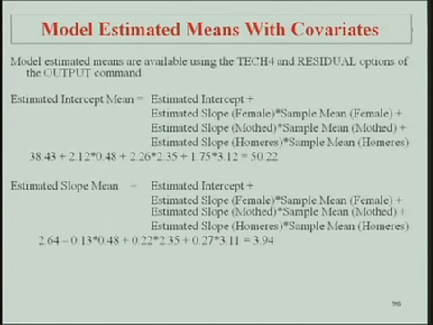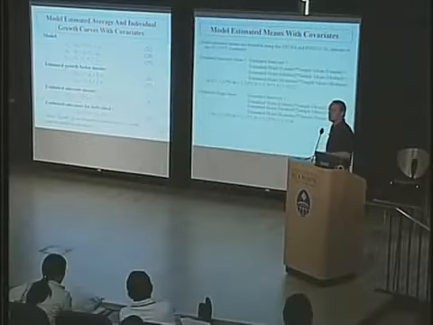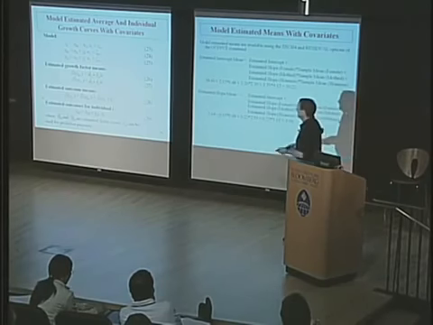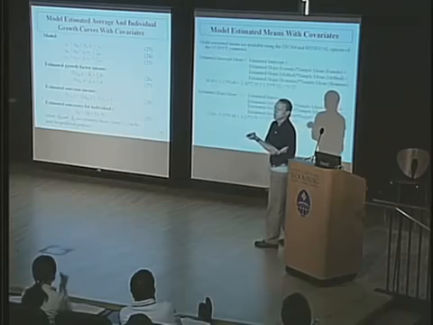So you could read it out of Tech 4 as well. If you don't want to compute this, get it from Tech 4. Same thing for the estimated slope mean. In any case, remember that intercepts are not the full means, so don't get upset needlessly. Tech 4 is there to the rescue.